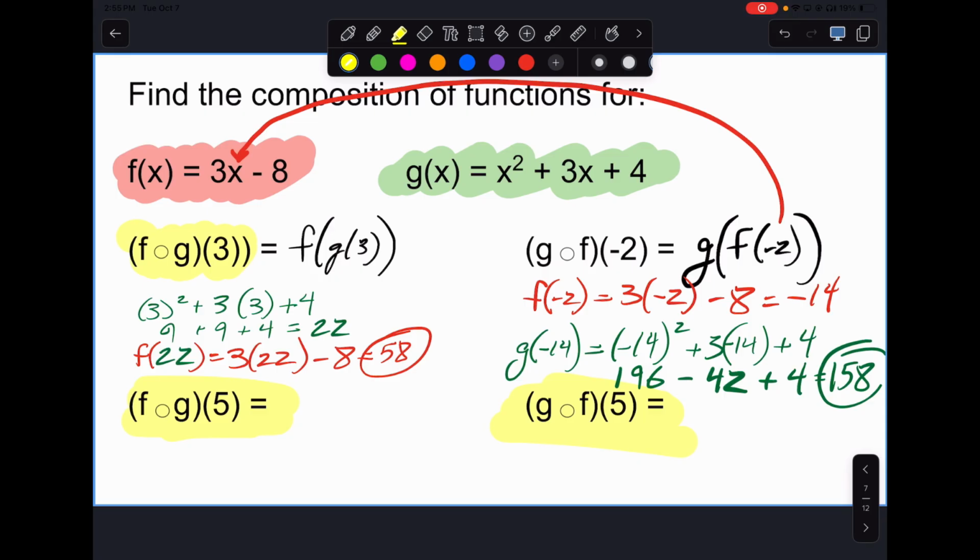Ready? What's the same? They both have 5. Yeah, the x value on both of these is 5. Okay, what's different? What's the thing that's different, Alice? They're switched around, so the numbers are just switched. Yeah, they're switched. So this is f of g, or f compose g. This one's g compose f.